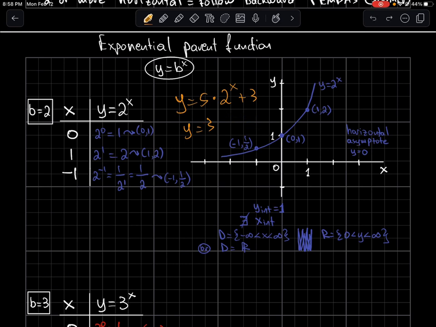As long as the base of the exponential function is equal to 2, it is generated by this parent function, and I get the graph of the transformed, more complicated function by stretching, compressing, and shifting the graph of this simple function.